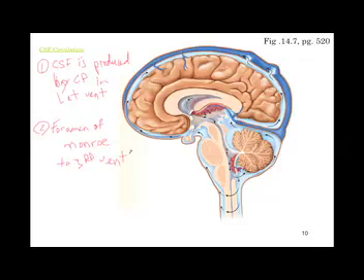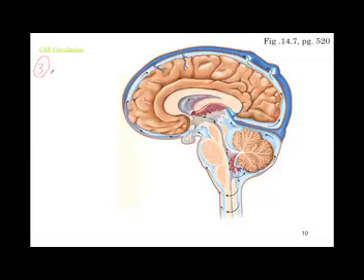Now what else is going to happen here, based on what you see in the diagram? Cerebrospinal fluid is made in the lateral ventricles, leaves via the foramen of Monroe, enters the third ventricle, and we're going to get additional cerebrospinal fluid added here at this point. So additional cerebrospinal fluid added in the third ventricle.